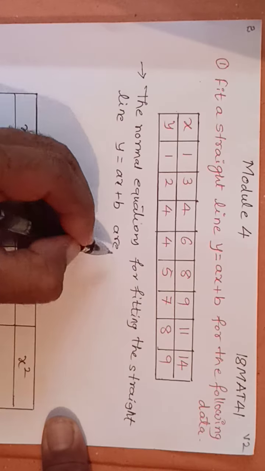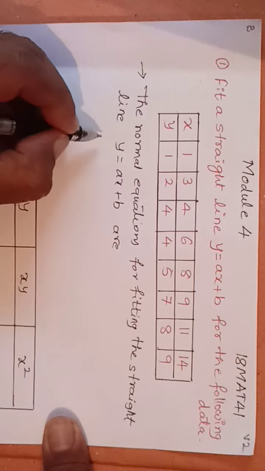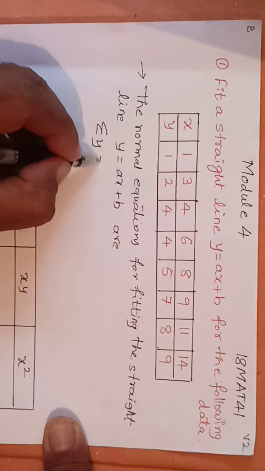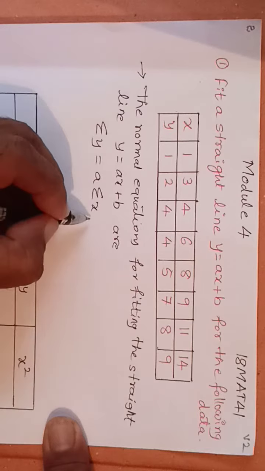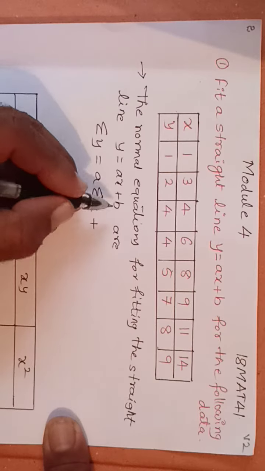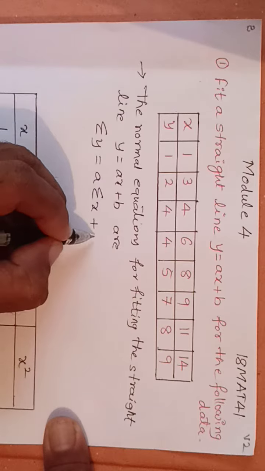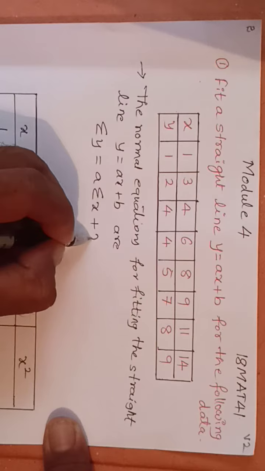The equations are, taking summation on both sides, summation of y is equal to a into summation of x plus summation of b. Instead of summation of b, I will write n of b.